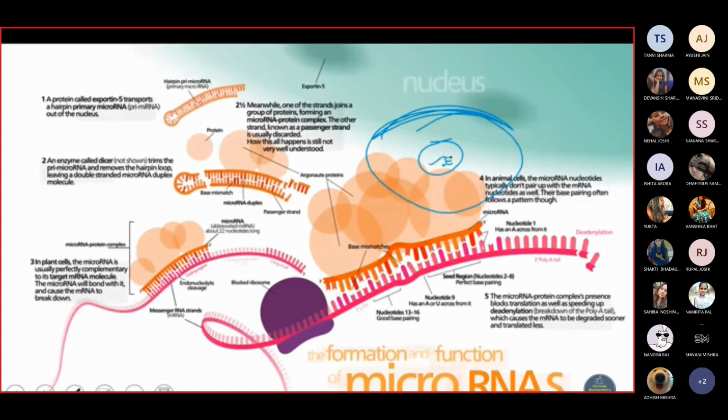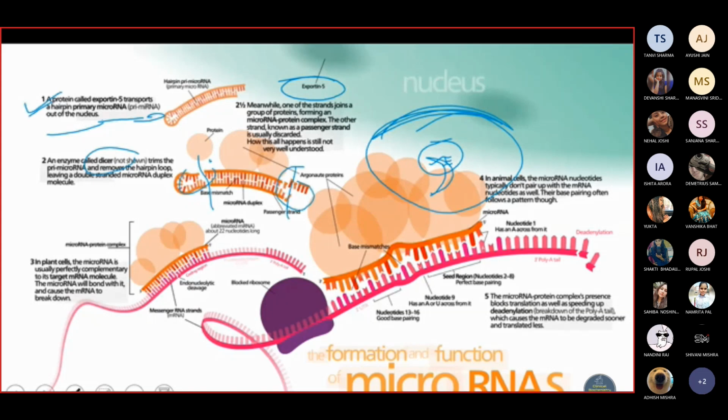One of the proteins, a transporter called exportin 5, helps transport the primary microRNA components out of the nucleus to the cytoplasm. Inside the cytoplasm, this is recognized by the dicer enzyme, same as happens in siRNA. This dicer enzyme digests it, degrades it, which you are seeing here.